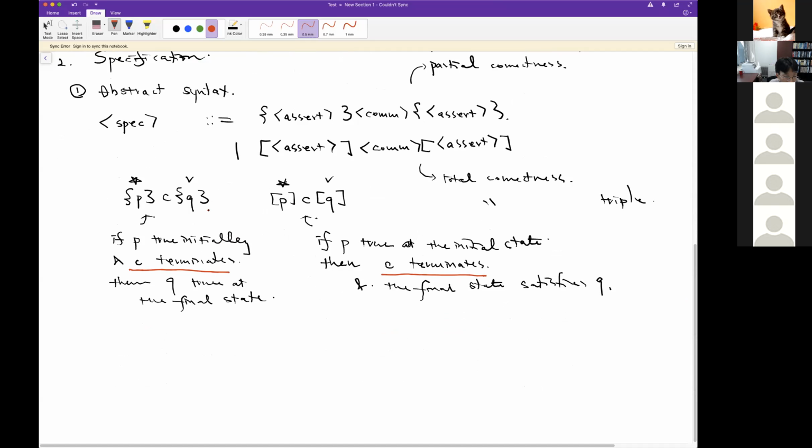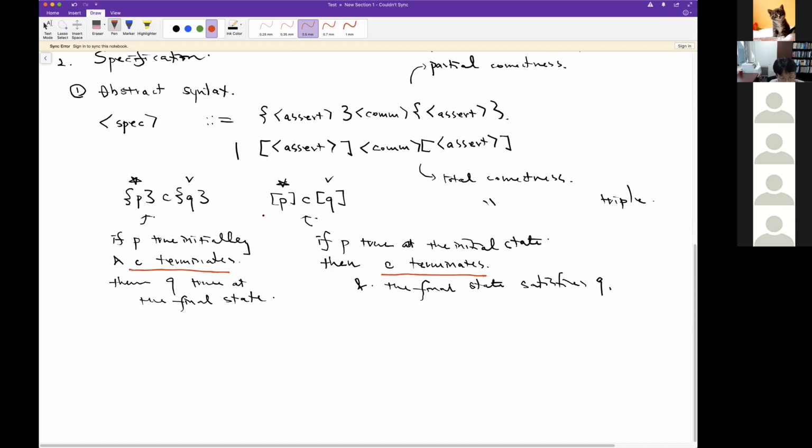So you might wonder why one should care about partial correctness, because often we want that if some legitimate precondition is true, our program terminates under that condition. Okay, but it turns out dealing with total correctness is more difficult and requires a bit more work.